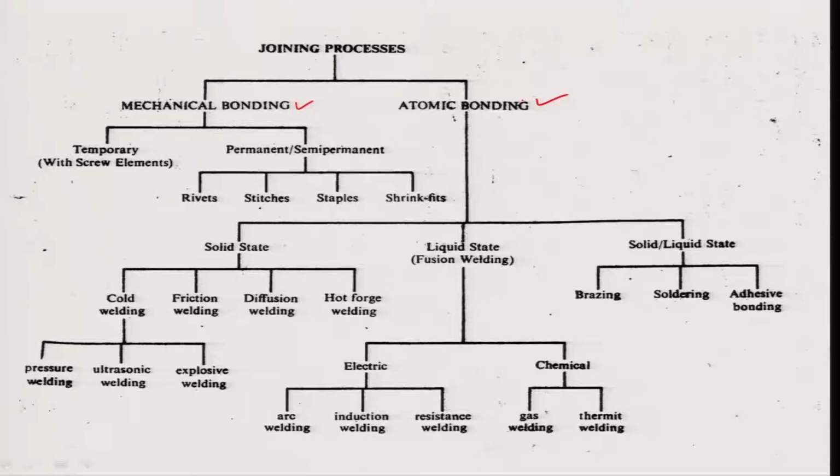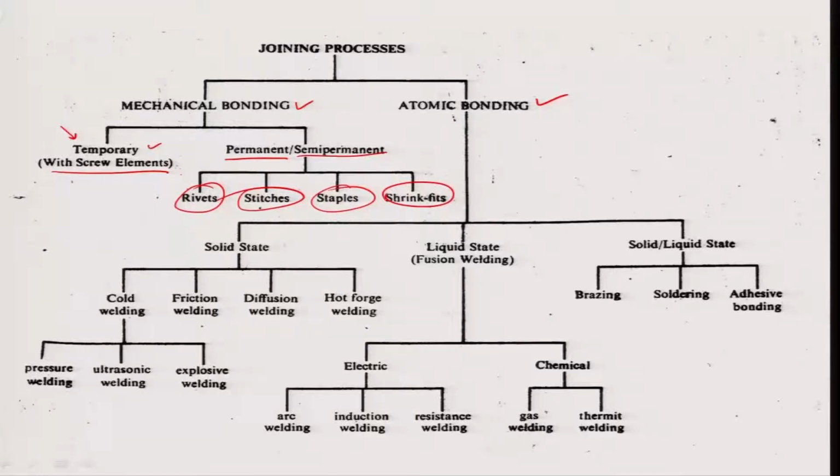Mechanical bonding could again be classified into more permanent or semi-permanent kinds of joints, and temporary ones with screw elements, for example, as I just mentioned earlier. In the permanent or semi-permanent category, there can be riveting, stitching between two surfaces, or stapling between two surfaces, or even shrink fits sometimes, which ensure that you have some kind of semi-permanency between the joints.